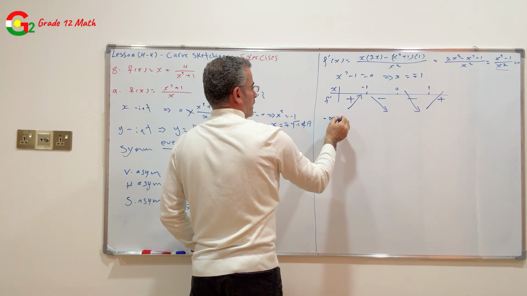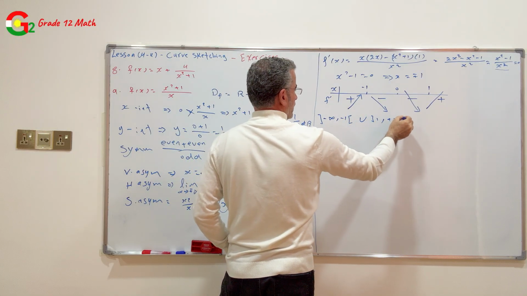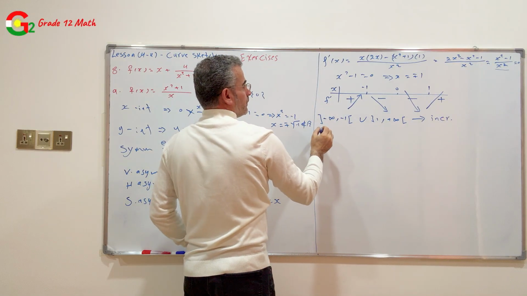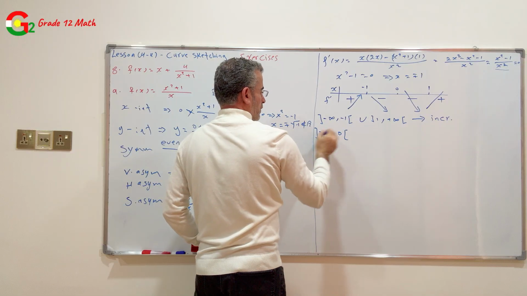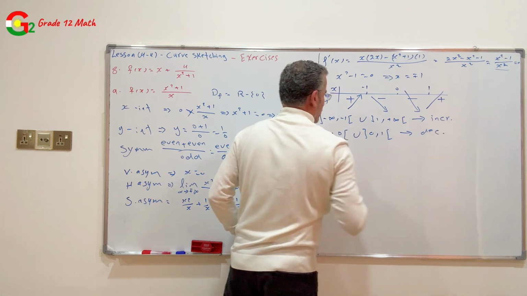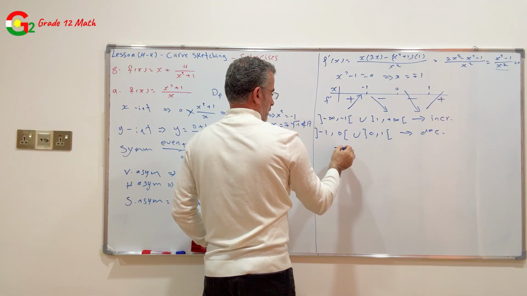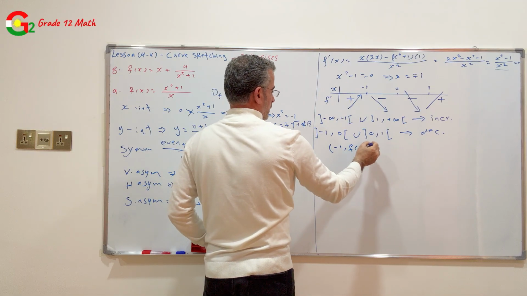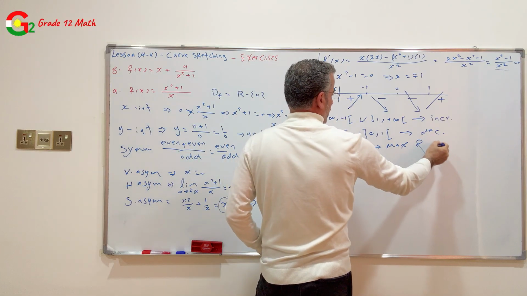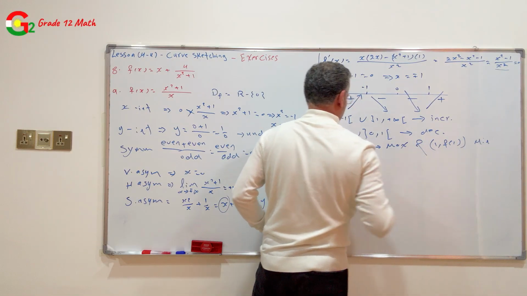Therefore, negative infinity to negative 1 union 1 to positive infinity are the intervals of increasing, and from negative 1 to 0 union from 0 to 1 are decreasing intervals, and at negative 1, f of negative 1 is a local maximum value, and at 1, f of 1 is a local minimum value.